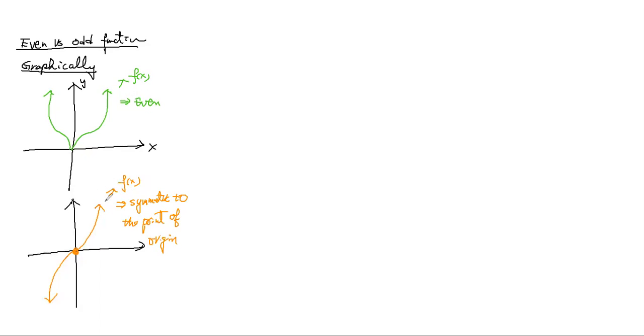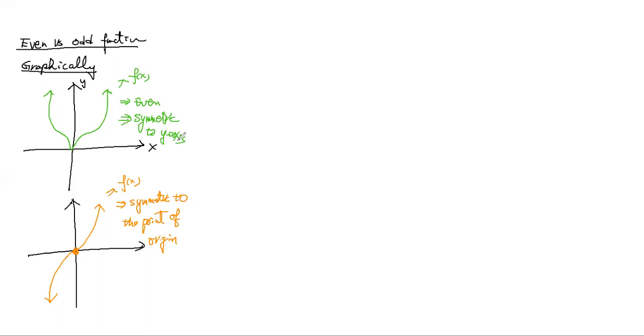It's like you rotate this curve about the origin, and then the two curves will be the same. Just like if you fold an even function, it folds according to the y-axis, so it is symmetric to the y-axis.